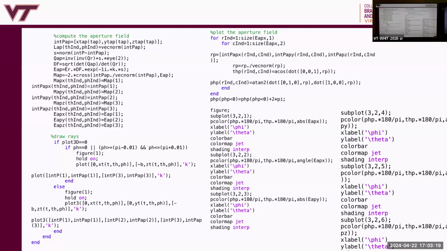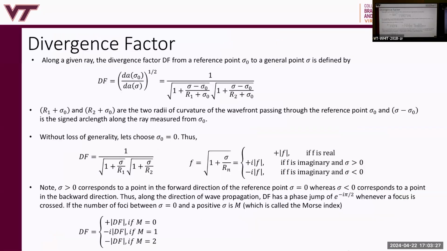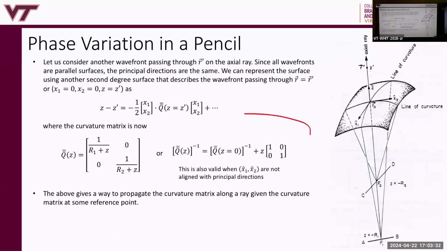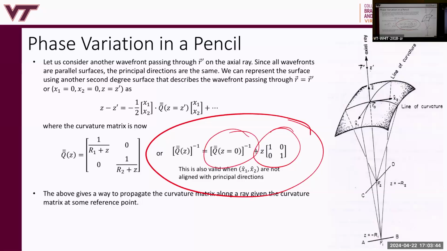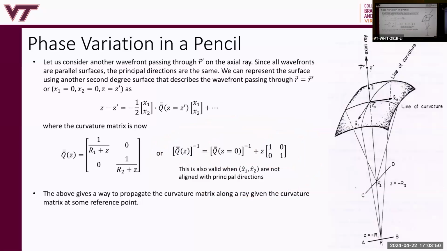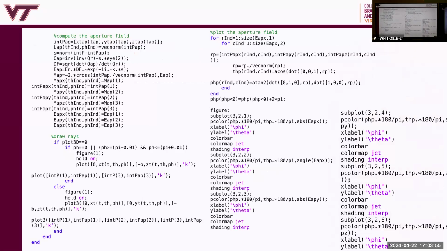Oh, here it is. This is how you propagate a Q matrix. So Z times the identity plus the inverse of the Q incident or Q reflected is equal to the inverse of Q at the aperture plane. All right. So that formula is here.